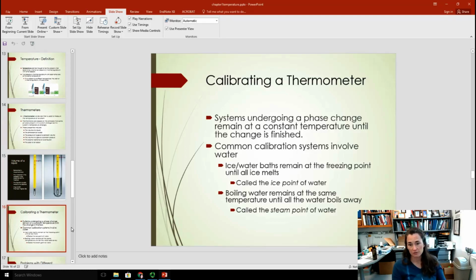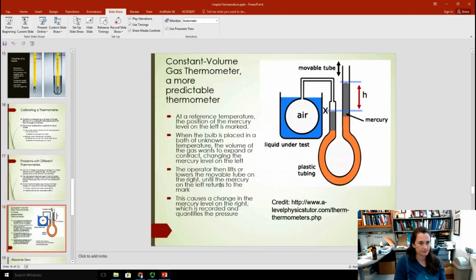Now, boiling water remains the same temperature until all the water boils away. And this is called the steam point of water, which is at 100 degrees Celsius or 212 degrees Fahrenheit at atmospheric pressure. So you can use points like that, of objects that are going through a phase change, to calibrate your thermometers.